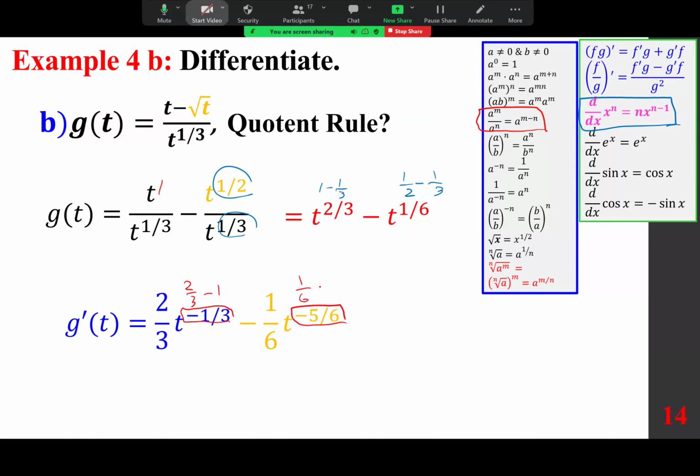If you have a negative exponent at the top, take it down. So take this down and make it positive 1/3. The same thing, take this one down and make it positive 5/6. Whether you keep it as t to the power of 1/3 or cube root, it really makes not much of a difference, because if you go back to the original question, both were given to you, so you choose both types.